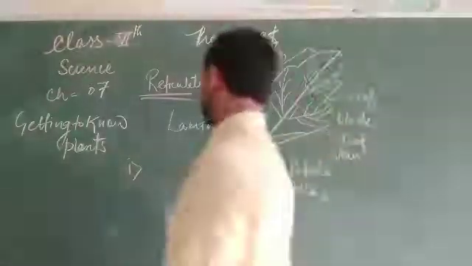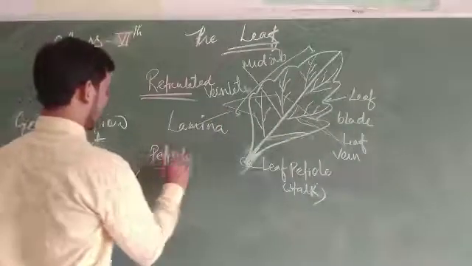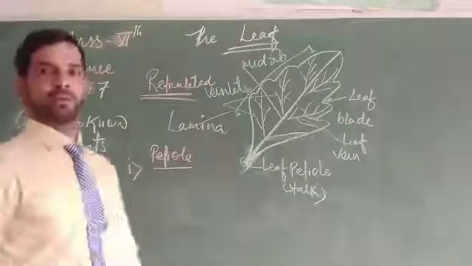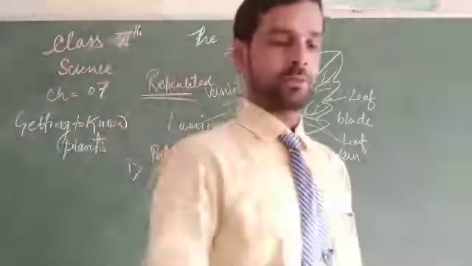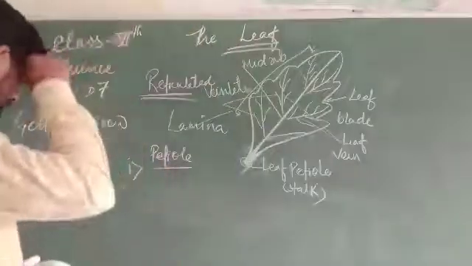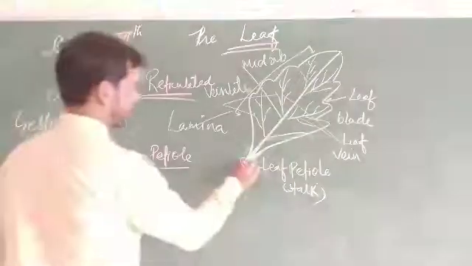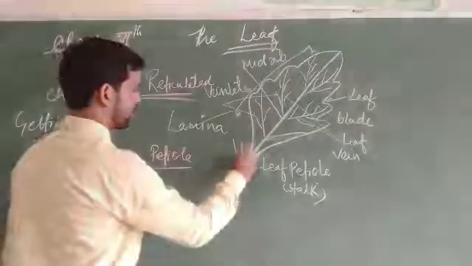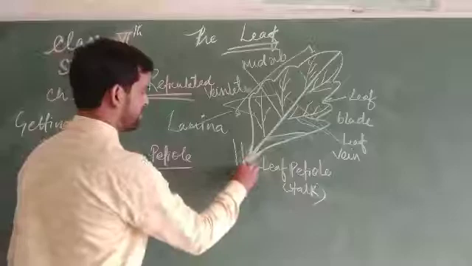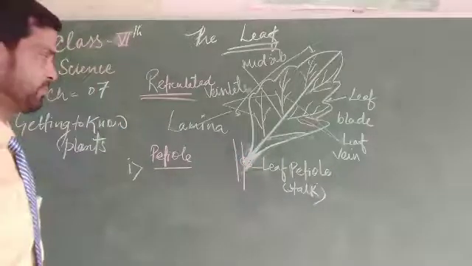First one is petiole. What is the petiole? The petiole is the part on which the branches and leaves grow. A leaf is attached to the stem with the help of the petiole. This one is the part by which it is attached, and it is called a petiole.